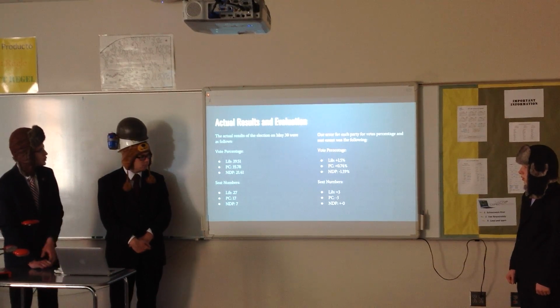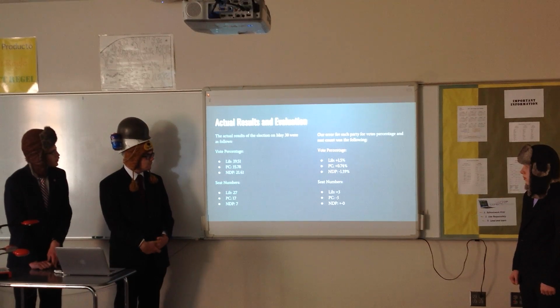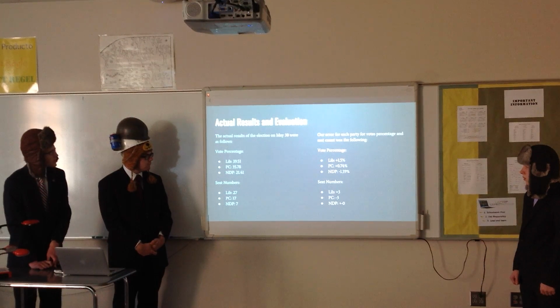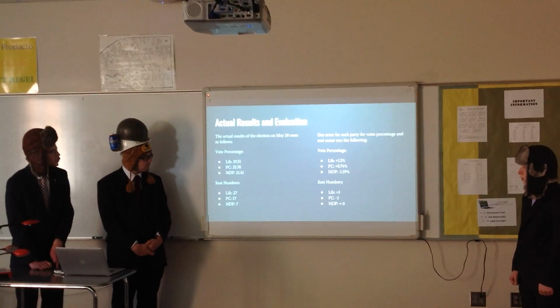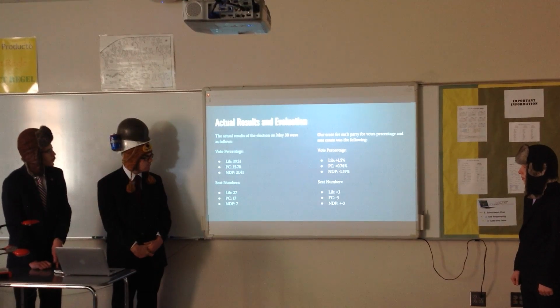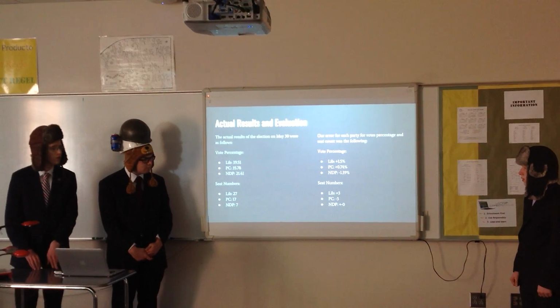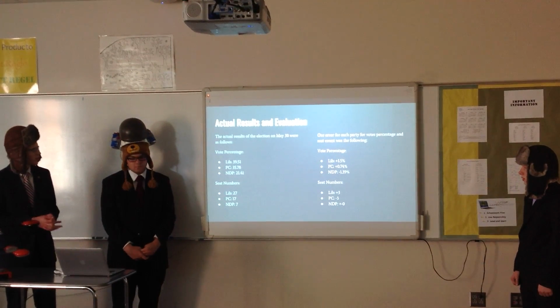And for the vote percentage, we underpredicted the Liberals by about 1.5%. We underpredicted the PCs by a little under 1%. And then we overpredicted the NDP by almost 1.5%, which is all well within the margin of error.